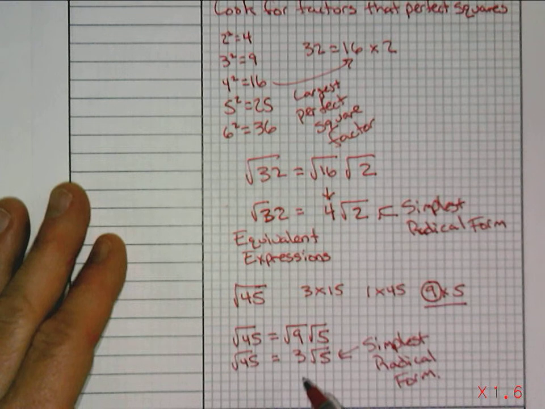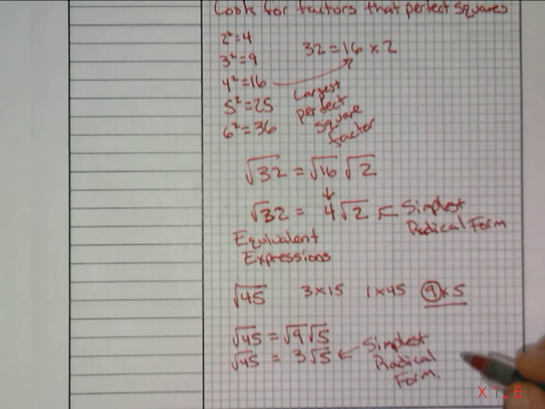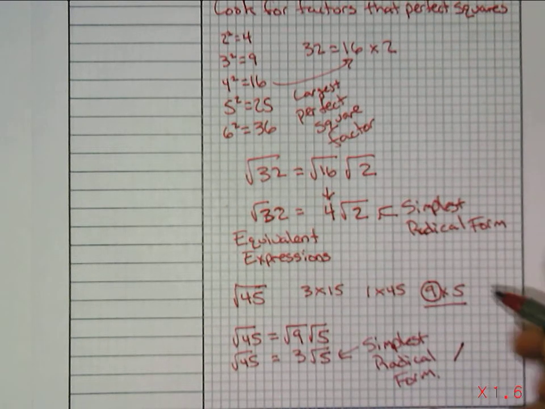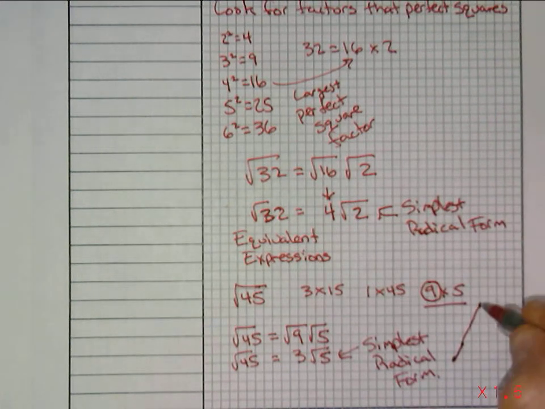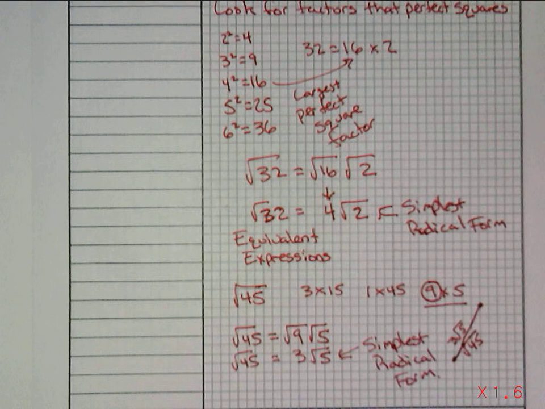If I knew that this distance from here to here is the square root of 5, which I do because I did it on the other side, then that length is actually 3 of these. 1, 2, 3. That distance right there from there to there is actually 3 square roots of 5, or the square root of 45. So these really have a use in terms of describing distances between points on lines.